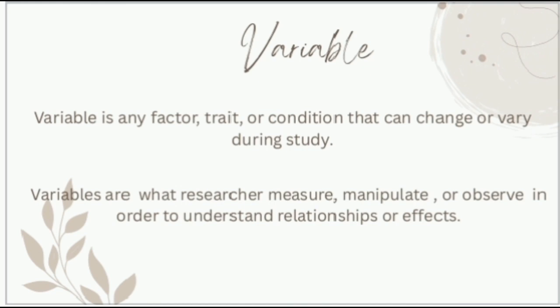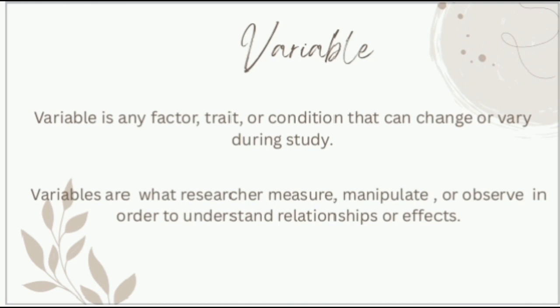Roughly we can say variable means the core idea, the core concept, or the core subtopic that is studied in our research. Okay, so let's see the definition of variable: a variable is any factor, trait, or condition that can be changed or can vary during a study.